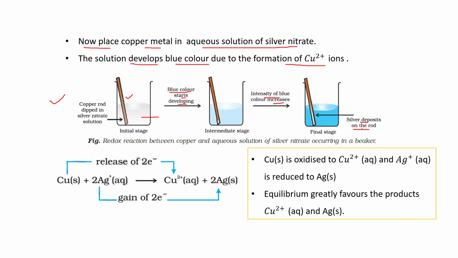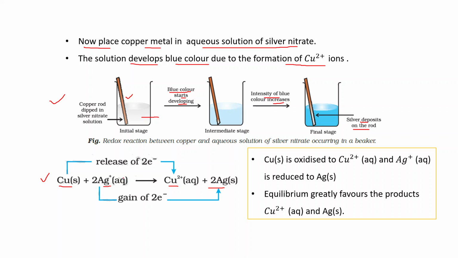Now in this reaction, copper, being more reactive than silver, displaces silver from silver nitrate solution. Okay, and this reaction can be represented like this: Cu + 2Ag+ converting into Cu2+ + 2Ag.